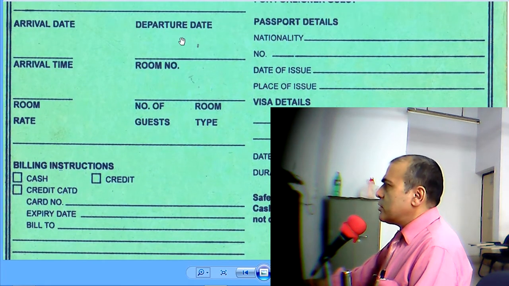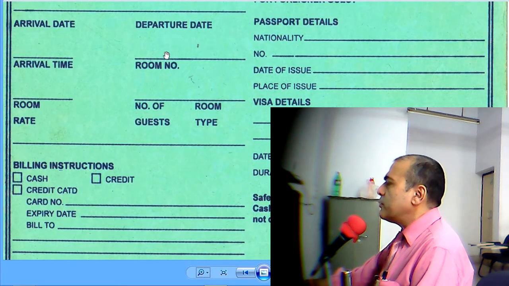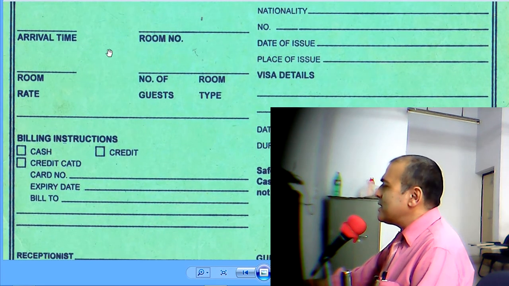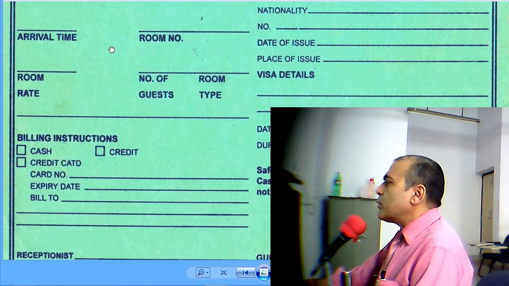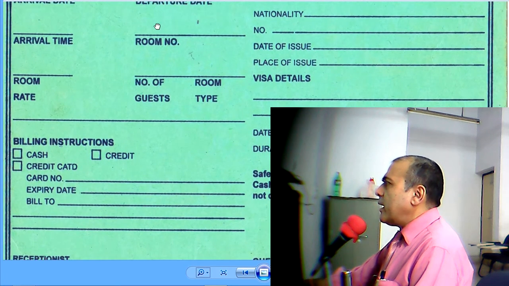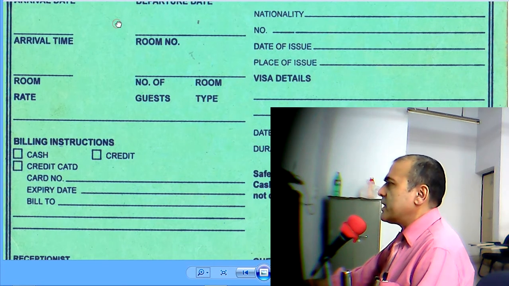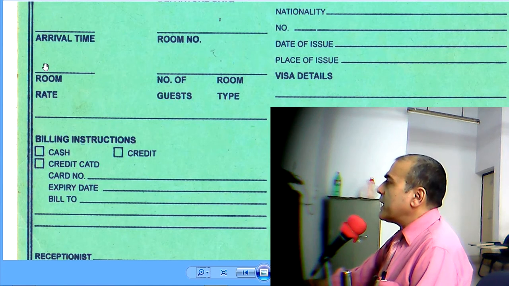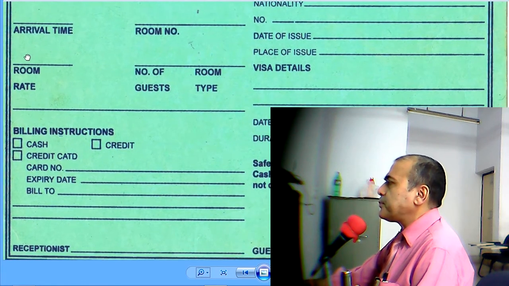Room number, of course, now you have to fill it because we have to physically allot a room, and this is based on reservation and also the present condition of the guest. Maybe booking was only for one person and now there are more than one person, so that adjustment has to be done at this stage. Room rate must be communicated verbally, loudly and clearly to avoid any kind of confusion.